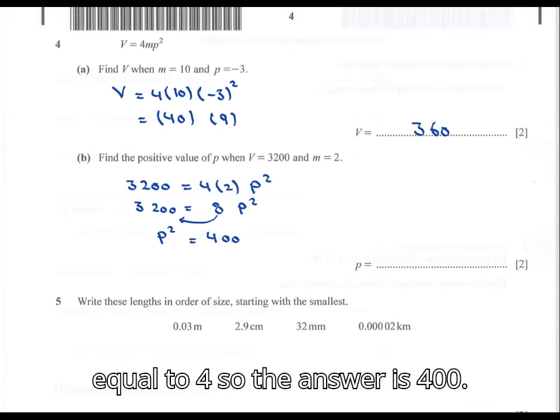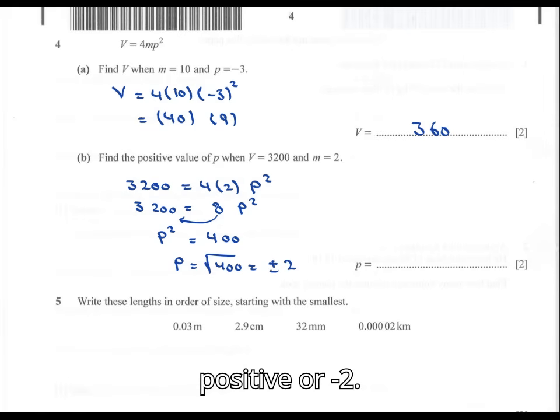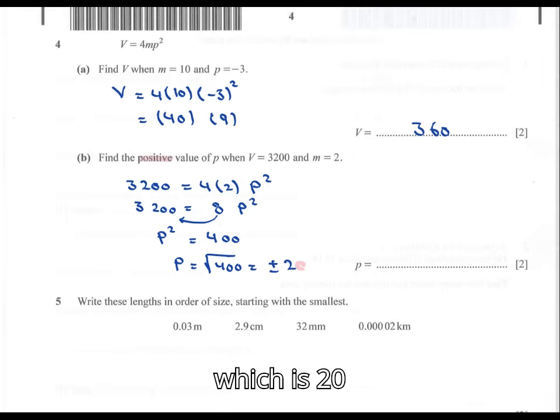So the answer is 400. p is equal to root 400, which is positive or negative 20. If you notice, the question is asking for the positive value of p, which is 20.